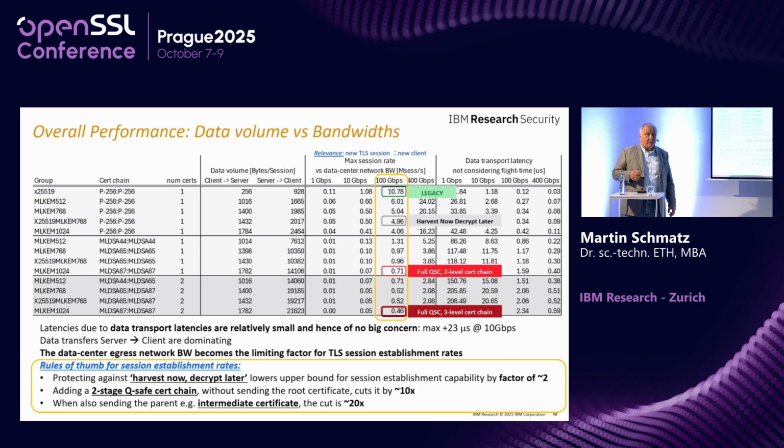Or IAM, where you basically have gazillions of services just asking for a thumbs up, thumbs down in the form of some small token, you might expect a huge amount of session establishment and a minimum amount of data being transferred. In other situations, you do one session establishment and then you have mega and gigabytes of data where the session establishment time and network bandwidth is almost of no concern. But you have to know your setup to understand where you are.